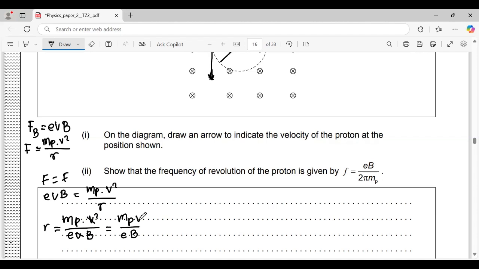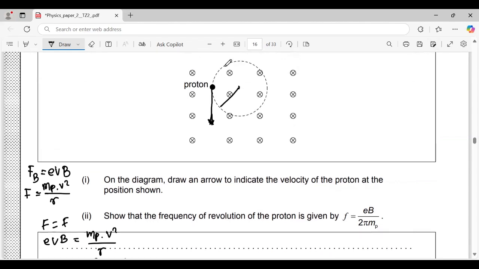Next, the proton moves on a circle. The distance from the initial point until it returns to the initial point is one circumference, and the circumference formula is 2 times pi times r.